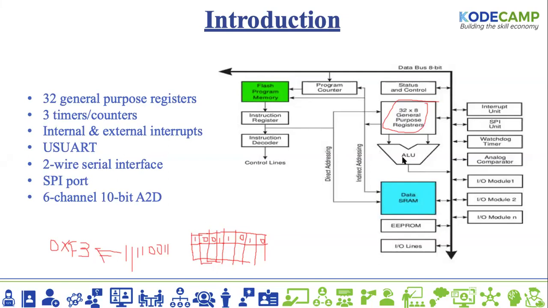Now, when the program gives an instruction to add two numbers, for example, you write a program with int A, int B, and say that C equals A plus B, which gives you a value.